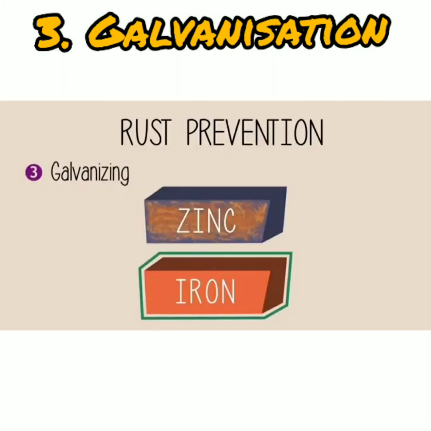This stops oxygen and water from reaching the metal underneath and thus prevents it from rusting. This process of coating iron with zinc is called galvanization. Galvanization protects iron and other metals from rusting.